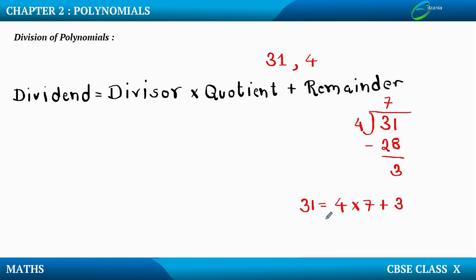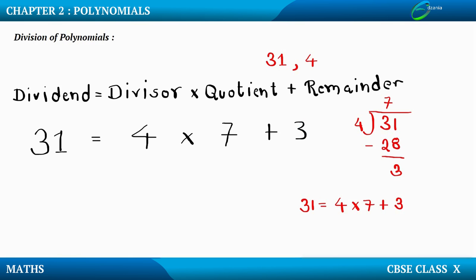So if I consider this example itself, dividend was 31, which is equal to divisor was 4 multiplied by this quotient. Quotient was 7 plus remainder. So the remainder is 3. So dividend is equal to divisor into quotient plus remainder. So this is what we already know.